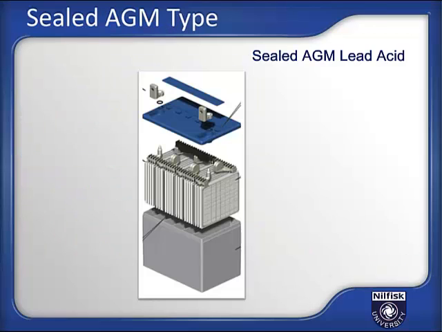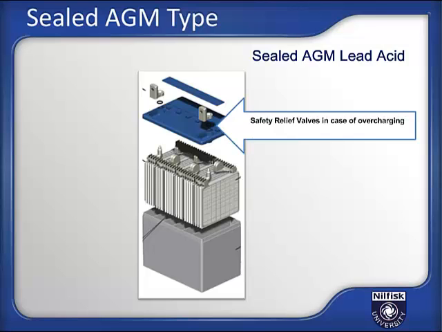The third technology we're going to look at today is the sealed AGM lead acid. Here's a couple of the construction characteristics unique to this product. First off, it has the safety relief valves because it fits into the category of being a valve-regulated lead acid battery. It means it's maintenance-free, non-spillable, and no top-up of electrolyte is required or possible.